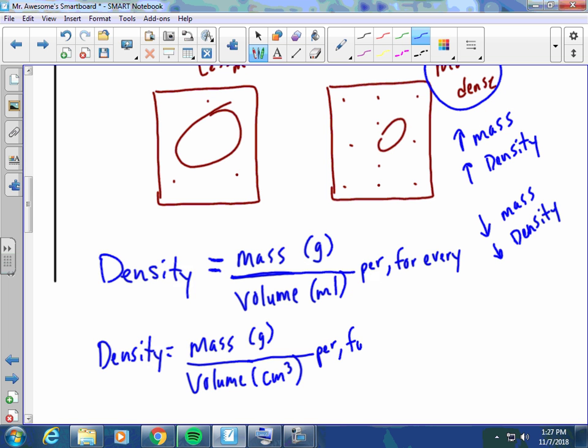Remember that? So when you read this, it's saying density is the mass per volume, or density is the amount of mass for every given amount of volume. Or density is grams per milliliter, and sometimes we just write it that way. Or density is grams per cubic centimeter.